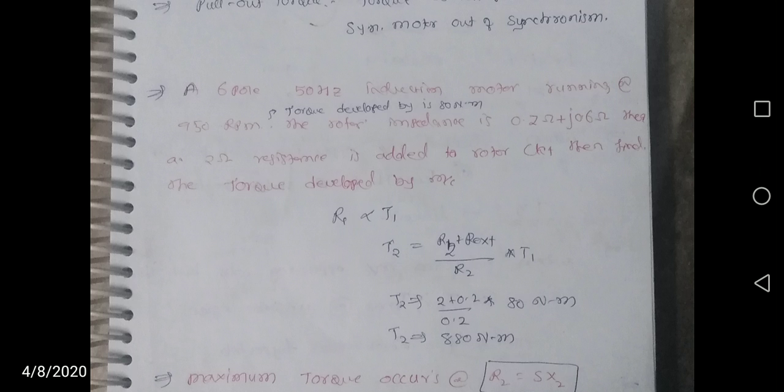Already there is a 0.2 ohm resistor in the circuit, and now a 2 ohm resistor is added, so the 2 ohm resistor is the external resistor.